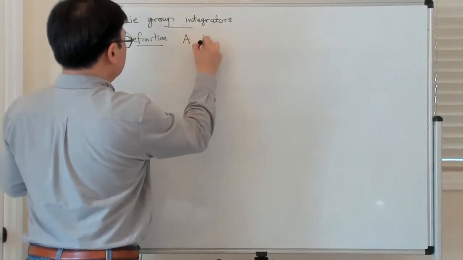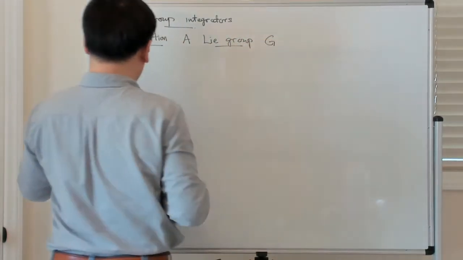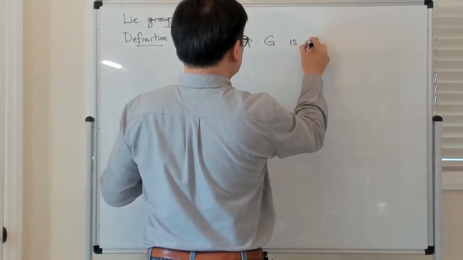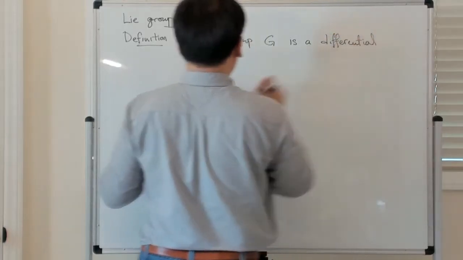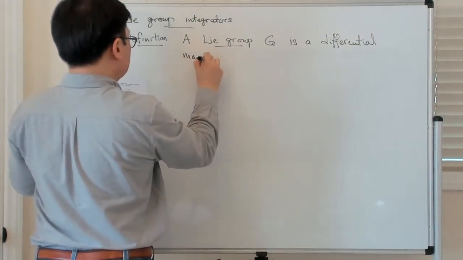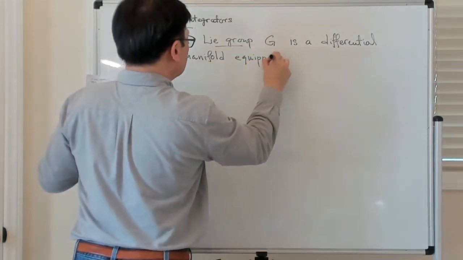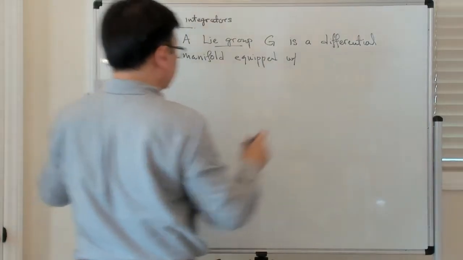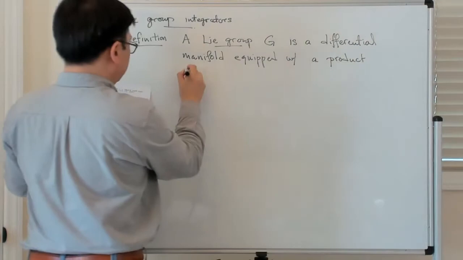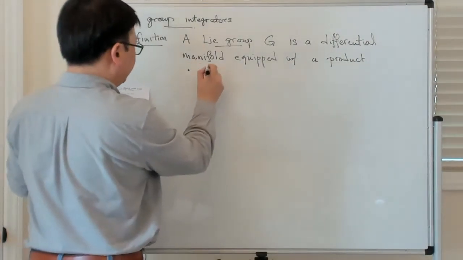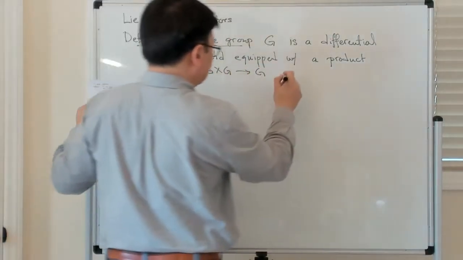So a Lie group, let's call it G, is a differentiable manifold which is equipped with a product that's denoted by just a dot, which maps from two copies of the group to the group itself, and it satisfies some properties.